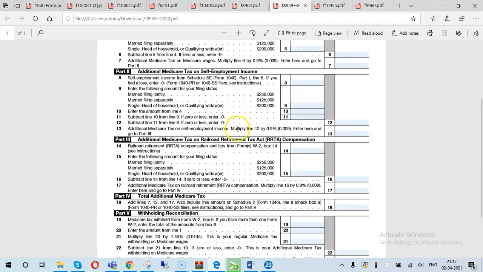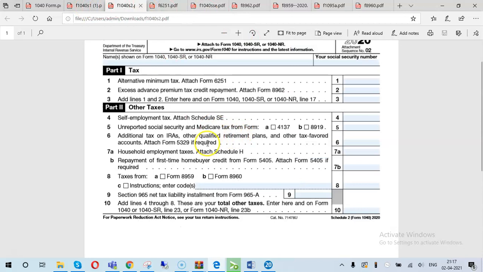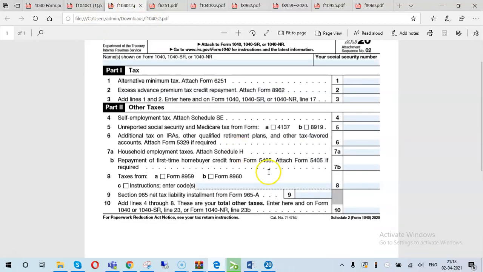If you have any additional Medicare taxes, then you have to report here, and the total from line number 18 should flow here, line number 8 of Schedule 2. Same goes for 8960, net investment income tax for individuals, estates and trusts.